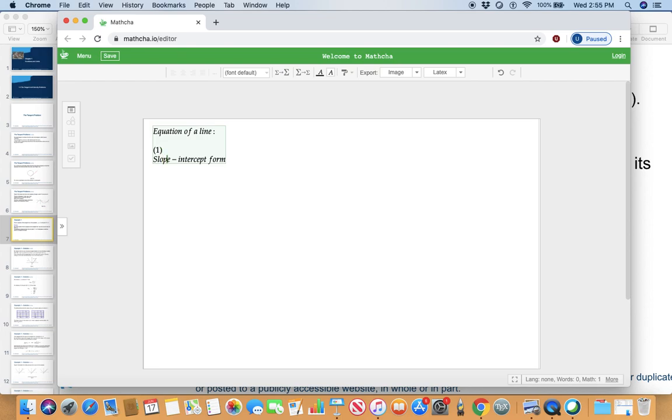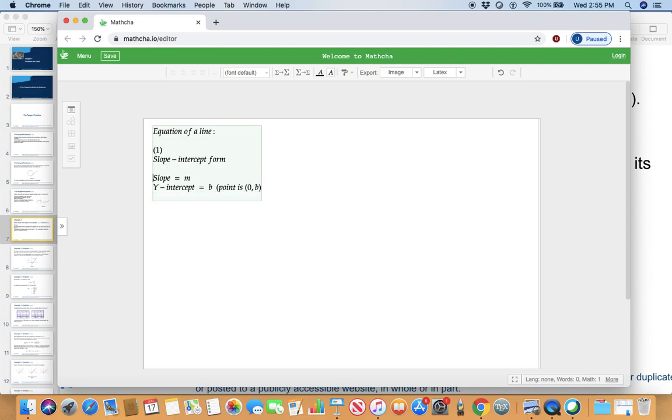Slope intercept form is when you have the slope to be some number m and the y-intercept to be some number b, that is, the point is (0, b).